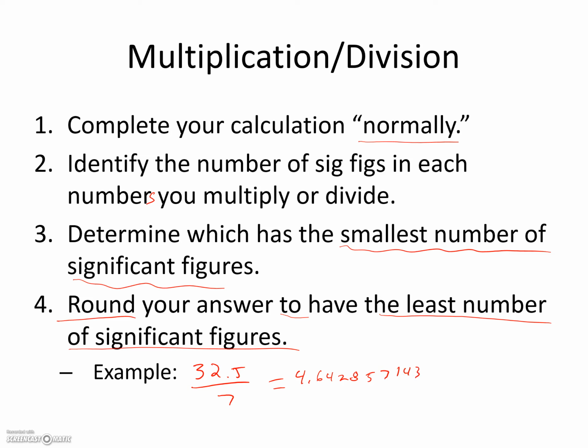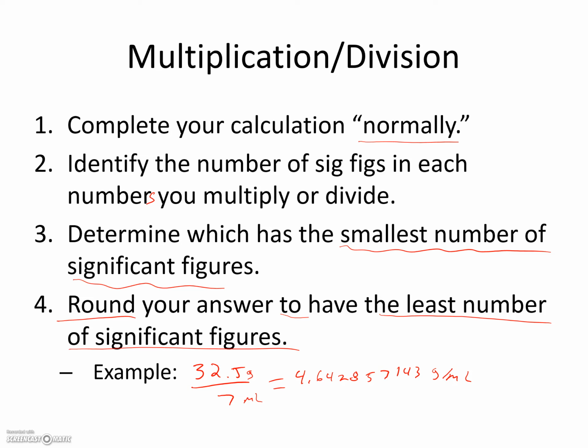All right? Now, in science, these numbers are always going to have units attached. So, you know, this could be grams per milliliter or something like that. Now, if I ran that calculation, I have a mass of 32.5 grams, a volume of 7 milliliters. My units over here would be grams per milliliter. Now, I don't know for certain all the way down to the 17 millionth of a gram.